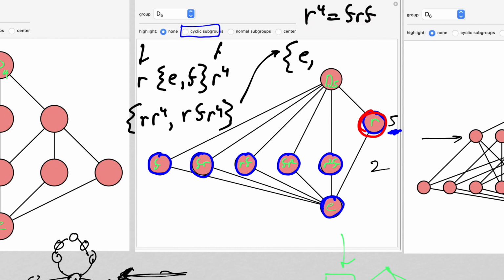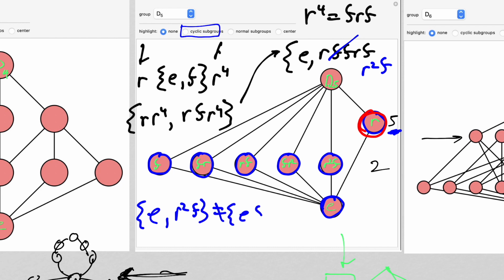So I can write this as FRF. And then, of course, this cancels, and so we end up with R squared F. And so the final resulting set is E, R squared F, which is not equal to EF, right? So right away, we know that this is not normal.